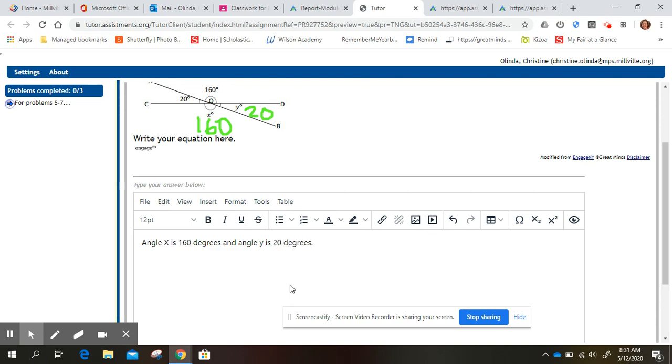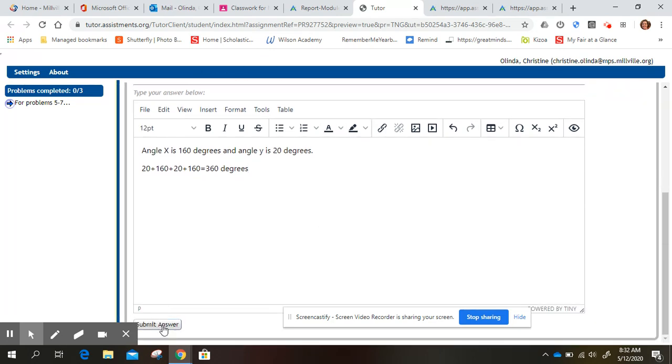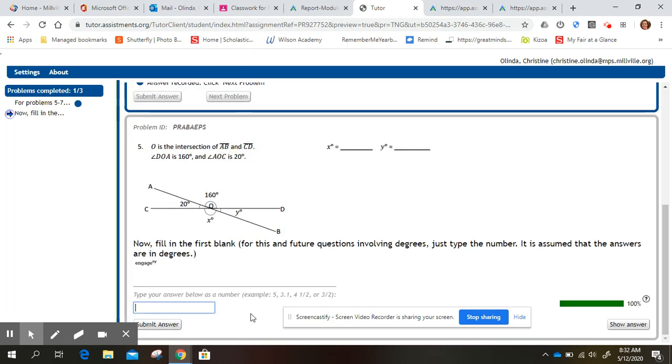My equation would be 20 plus 160 plus 20 plus 160 equals 360 degrees. And I just added them all together. And then you can hit submit and it'll just record and you go to the next problem.